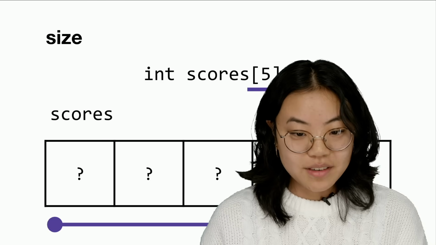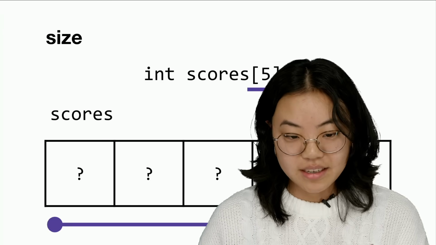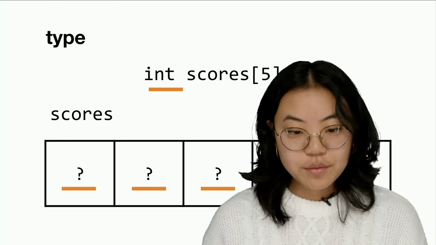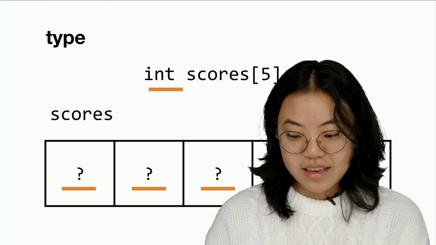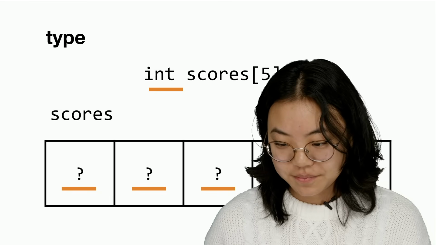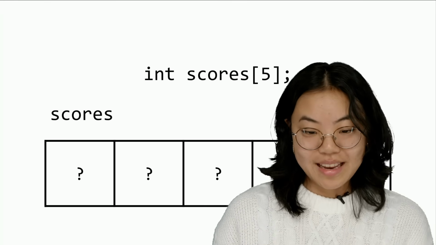We also specify the number of items we're going to have in this array, which in this case is 5. And then we also have to specify the type. So what are the items going to be? What type will they be? So in this case, integers. Okay, and so that's how I declare an empty array.